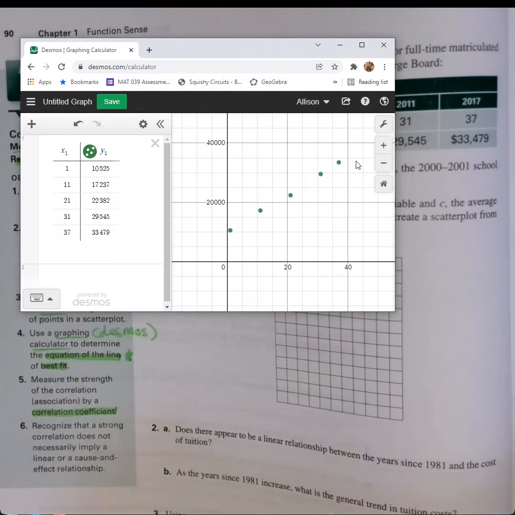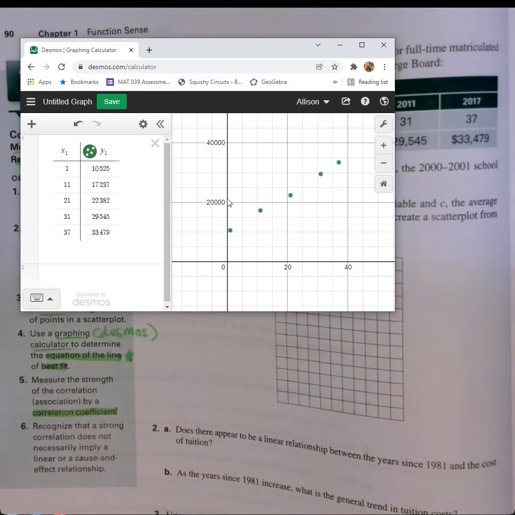It looks like this, noticing that the scaling on the x-axis seems to be by 5, 10, 15, 20, and the scaling on the y-axis seems to be by 5,000, 10,000, 15,000, 20,000. So a very vast difference in scaling on the x and y axis, counting by 5 or counting by 5,000.